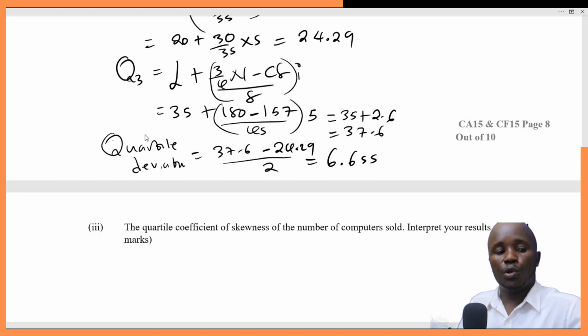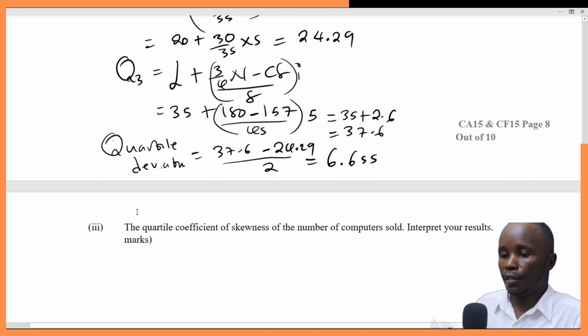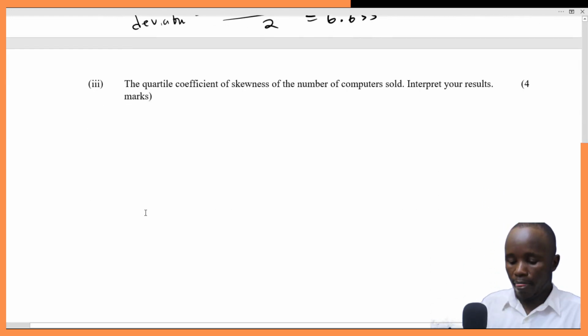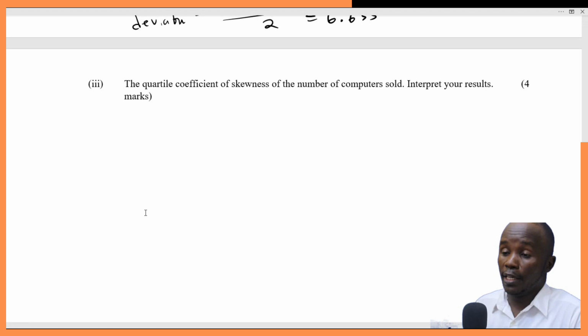The next thing we are supposed to look for is the quartile coefficient of skewness. Similarly, here we only need to know which formula we're going to use.